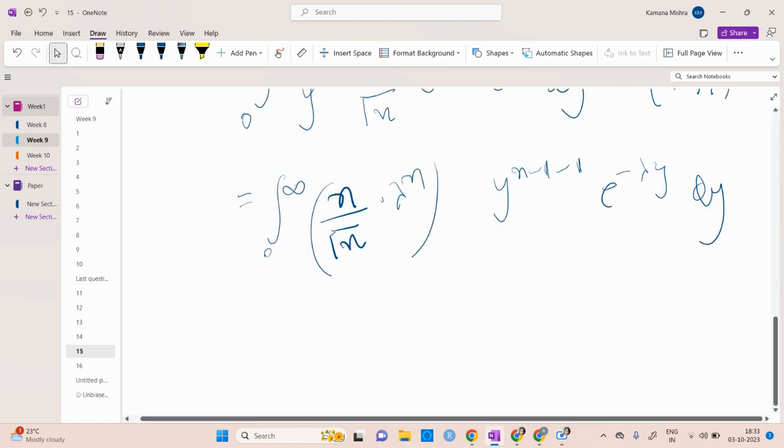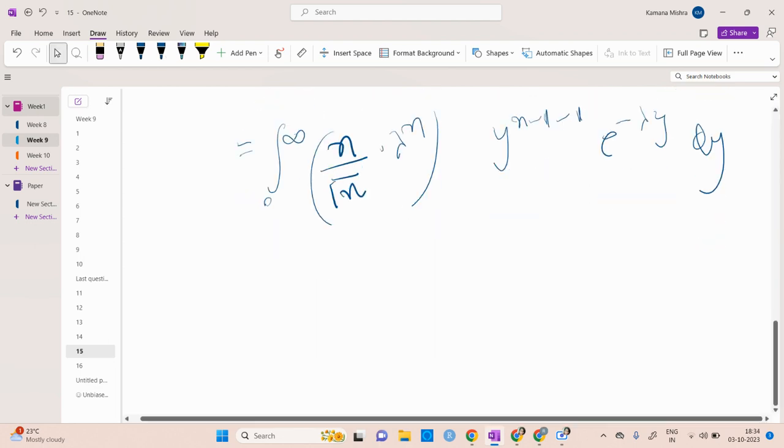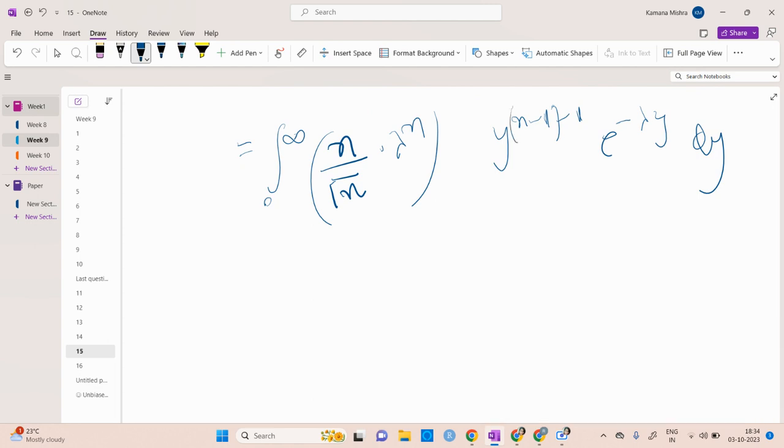So now we know this is the gamma function. So it will be t to the power n minus 1, e to the power minus t, and this is a constant, so it will go on the denominator. Or what you can do is take lambda y is equal to t, and then you can solve it.